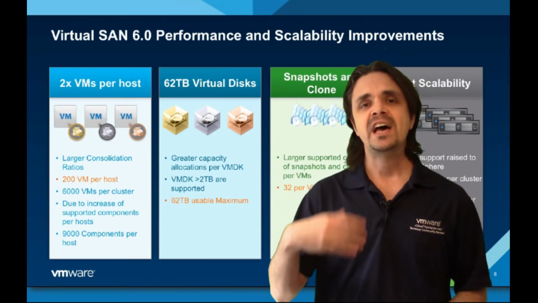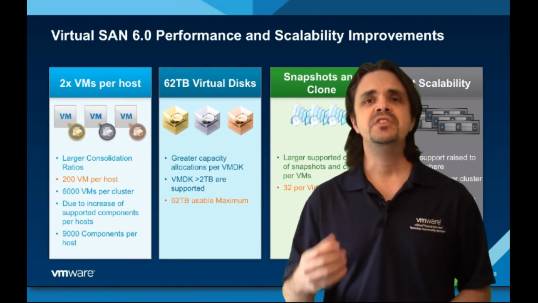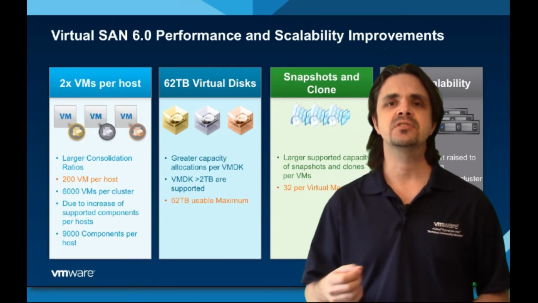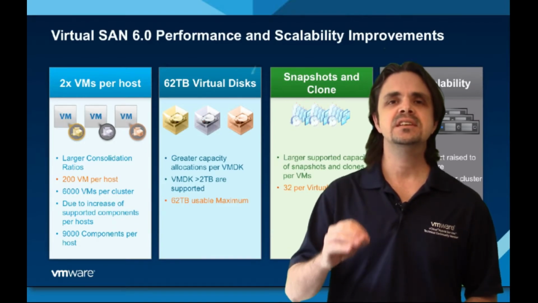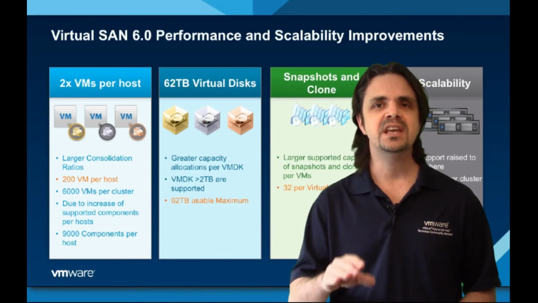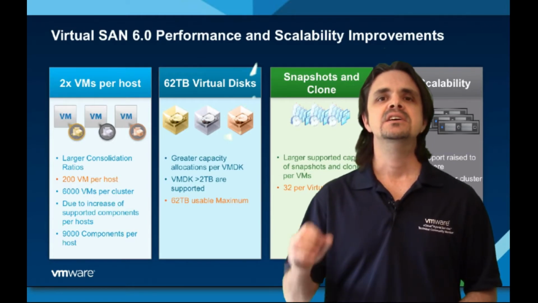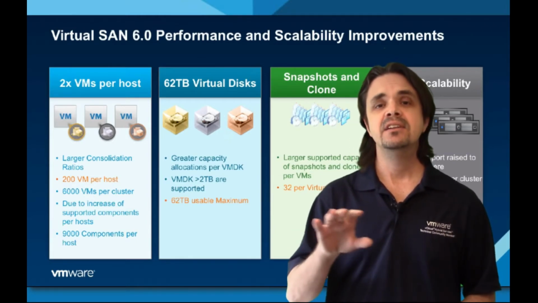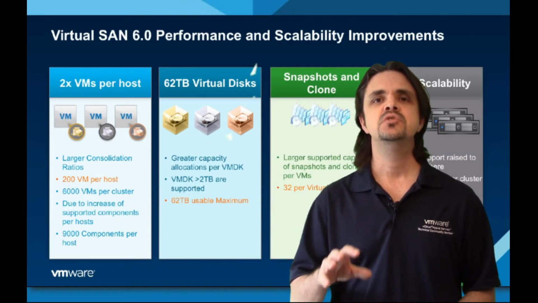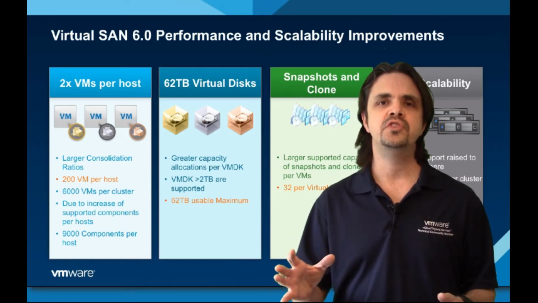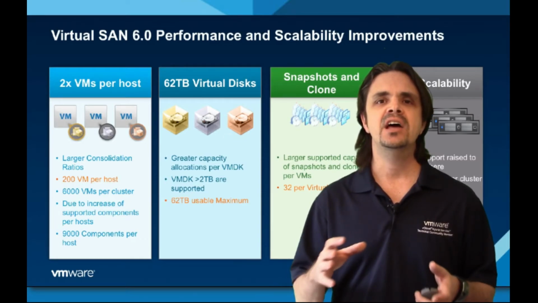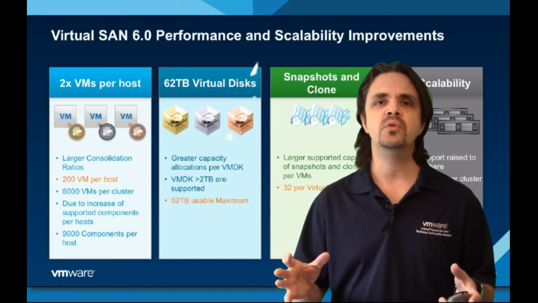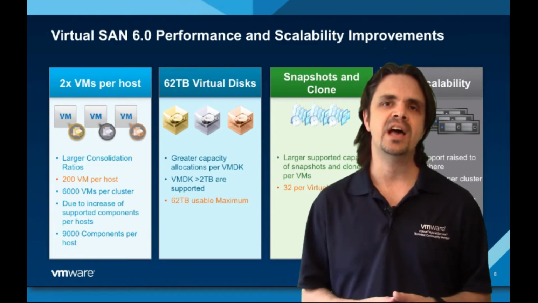Now, fast forward to where we are today, we have the capacity for up to 32 snapshots per virtual machine. This is an exciting idea because it once again underlines vSAN's and vSphere's capacity to adapt to all new types of workloads inside of the virtual data center, and with the brave new IT that's being pushed out.